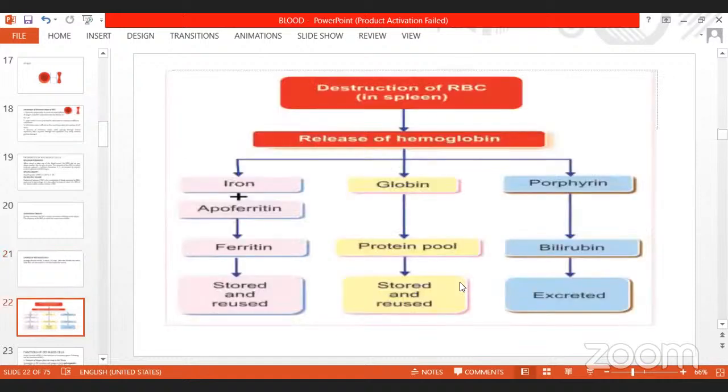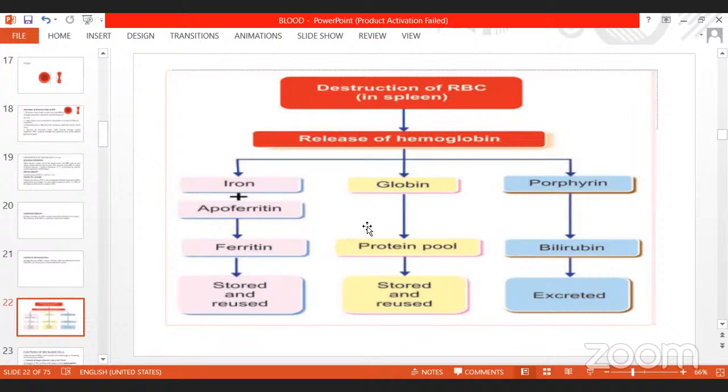So, during destruction, what will be the end product? During destruction, the hemoglobin is released, and the hemoglobin is converted to iron, globin, and porphyrin. The iron will combine with apoferritin to form ferritin, which is stored and reused.